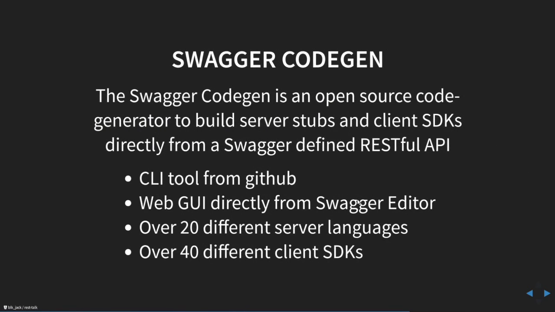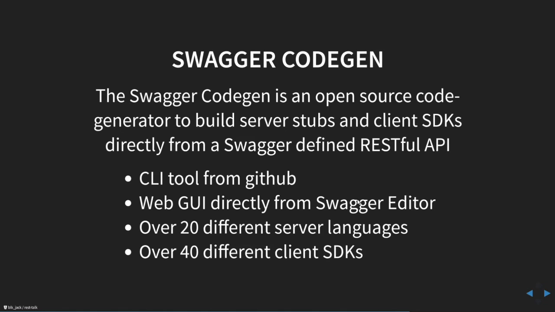So that was the first part of Swagger, the Swagger editor. The second part is the codegen. So Swagger also comes with a set of tools that lets you generate source code based on your spec. So you can generate it through a command line tool on GitHub.